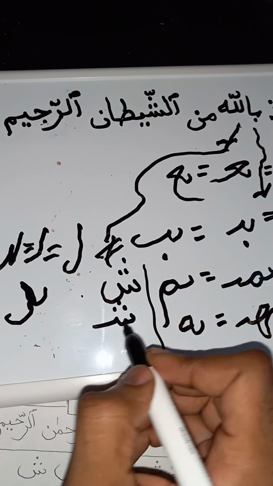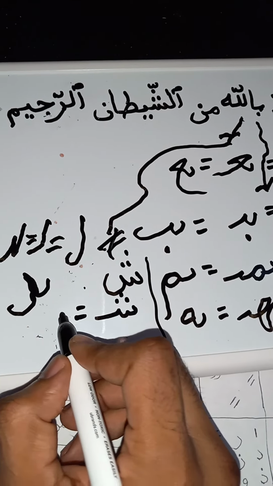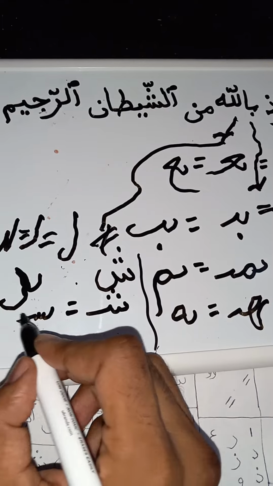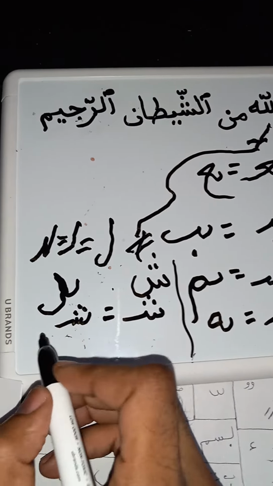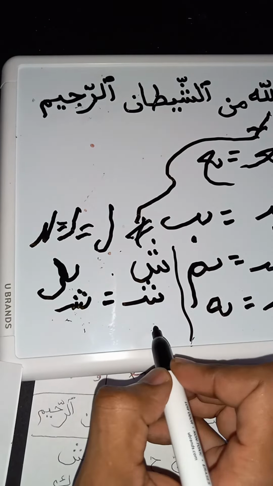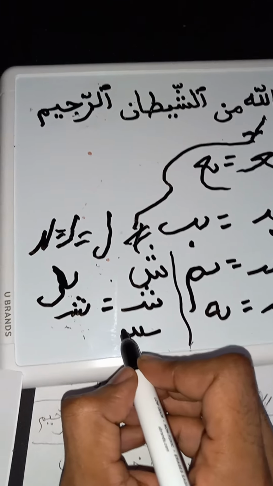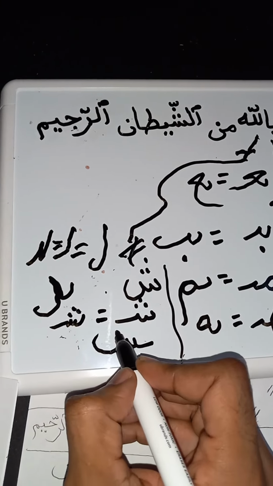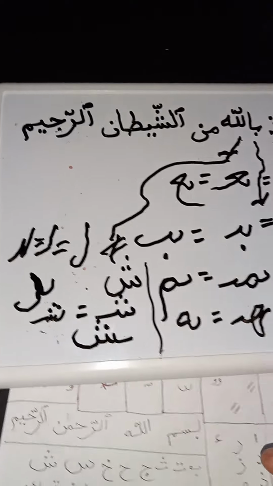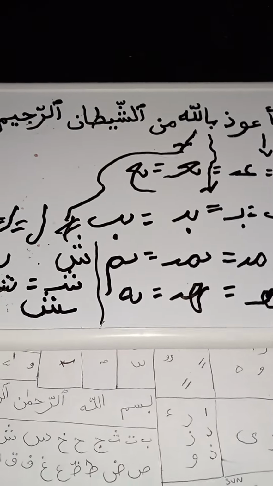Three dots, which is the same in the middle of the word. Make sure you have your three teeth. And then at the end of the word, sheen is going to look like that. So you have to know the forms. People confuse seen and sheen.